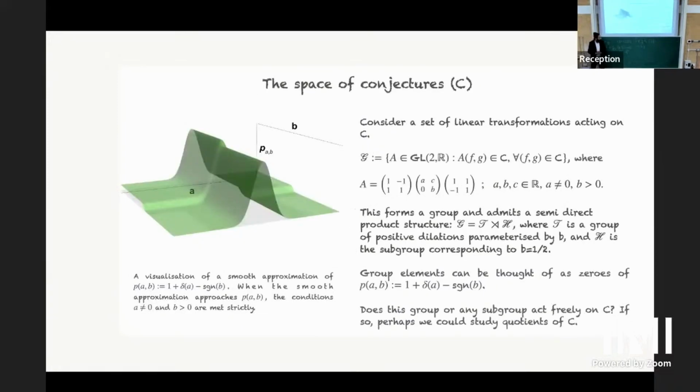So we're treating f, g as a tuple in the conjecture space, and we define this set capital G, which are effectively general linear matrices over reals, and their purpose is that they can massage this inequality into many equivalent forms.